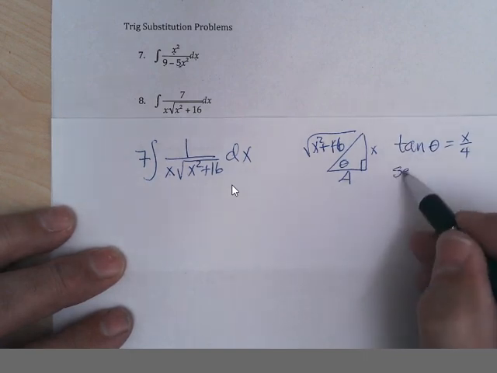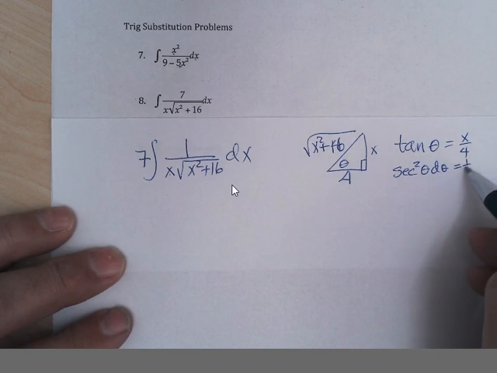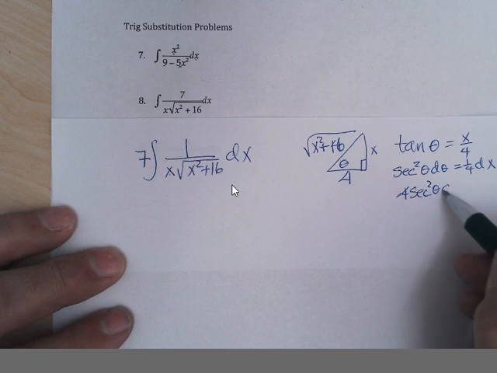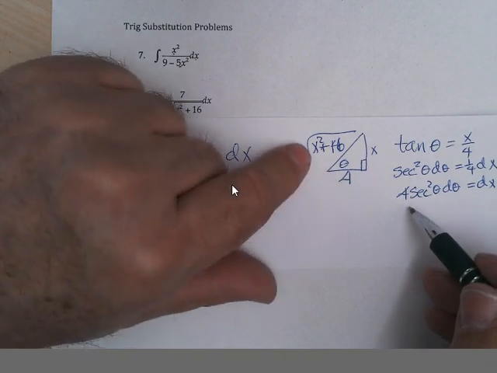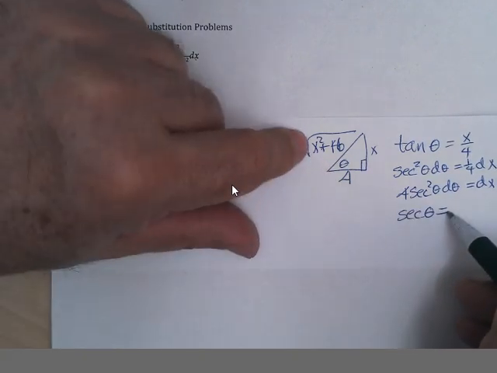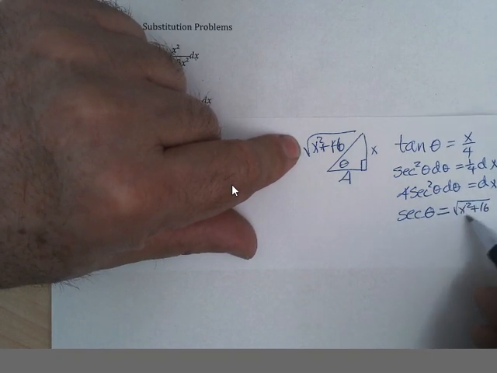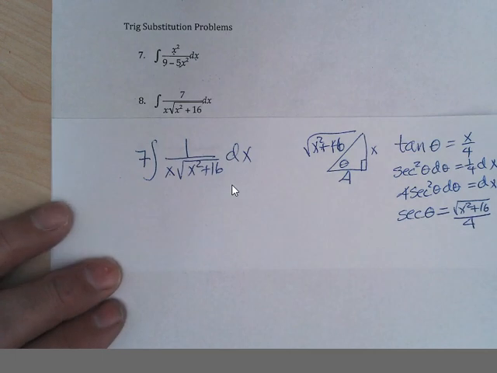And so secant squared theta d theta equals 1/4 dx, or 4 secant squared theta d theta equals dx. The messy would be secant theta, the square root of x squared plus 16 over 4, and I could multiply by 4 to find out what the messy was.